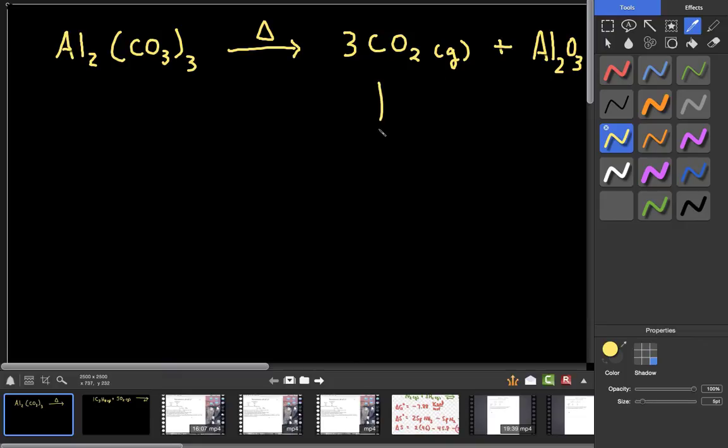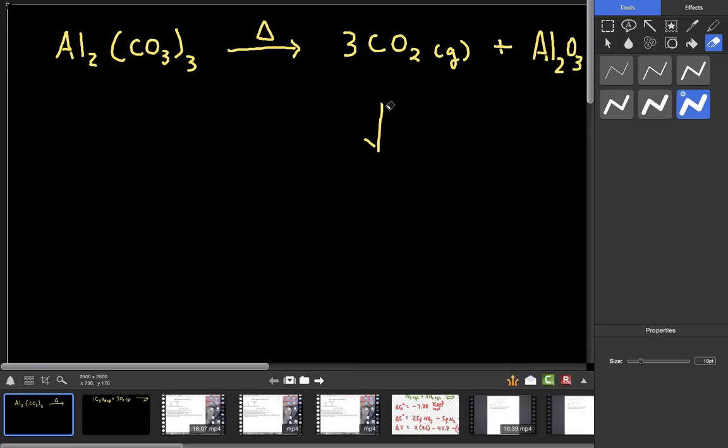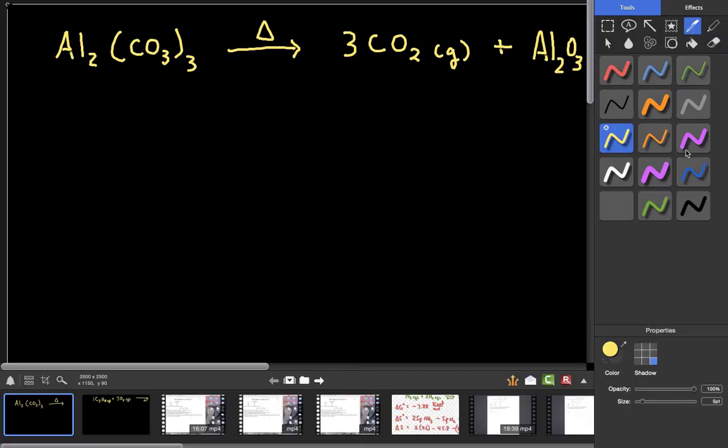And so now we need to react these 3 moles of CO2 with a certain number of moles of sodium hydroxide. And according to the question, this is going to produce sodium carbonate and it's going to produce H2O.